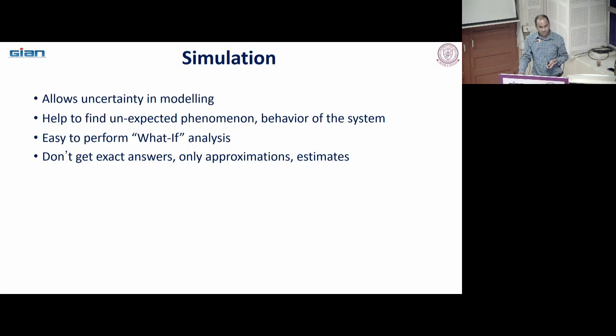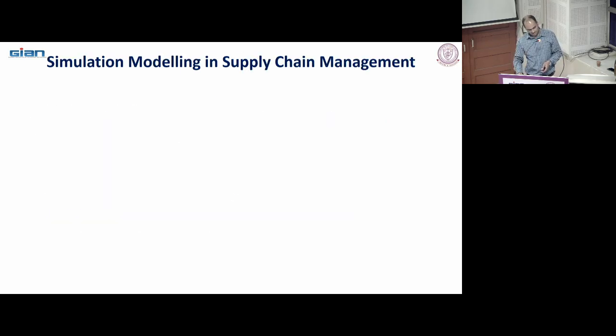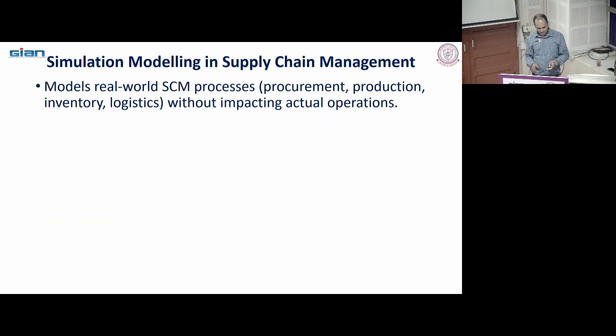In simulation, we don't get the optimal solution. We get approximate solutions because we vary some input parameters, which are random. It can be time-consuming and the results are difficult to interpret. It models real-world supply chain processes.